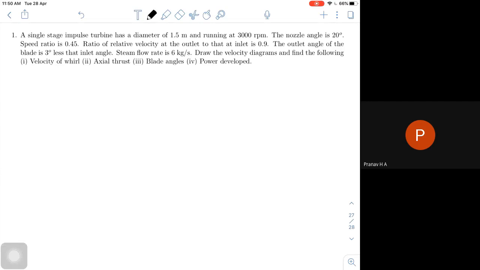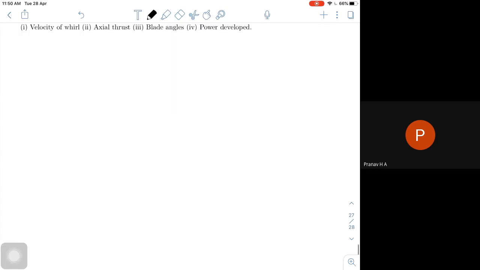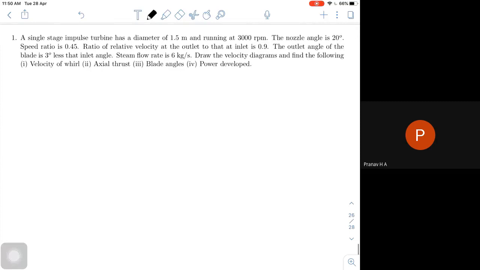Okay, so let us write what is given, then draw the corresponding velocity triangle and solve it. Solution. What is given? The diameter is 1.5 meters, that is the mean diameter.